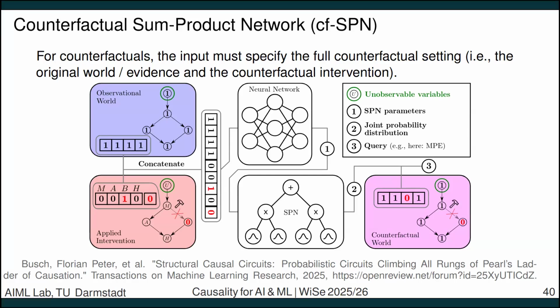Now again, we can train a neural network for this setting with an observational world with an applied intervention that then constitutes the counterfactual world. We can train the SPN to approximate those counterfactual values.